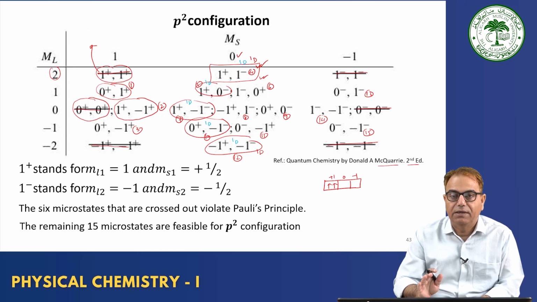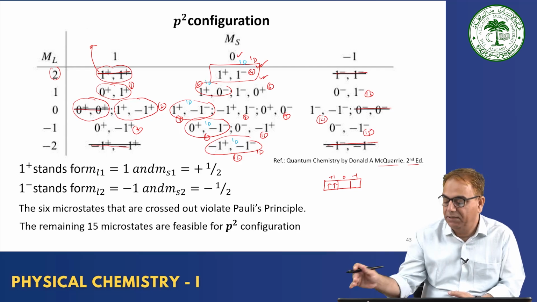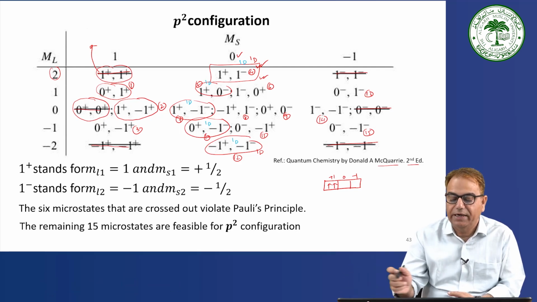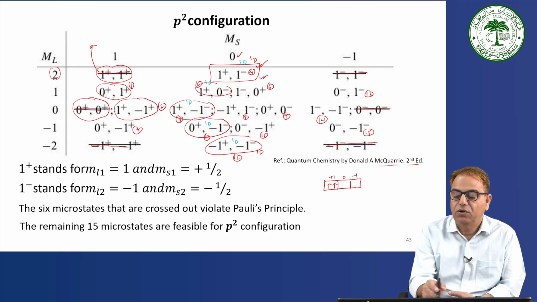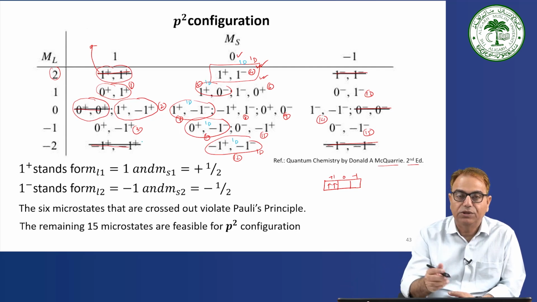Now, one of the spectroscopic terms you have written is singlet D. So you will omit all the terms which you have accounted for, and you will make a new, similar table, an ML and MS table. That new table will contain no microstate in the first row and no microstate in the last row, in the middle column 5 of these will go, and you will see that in the first and second columns, the 13, 14, 15 and 1, 2, 3 will remain.